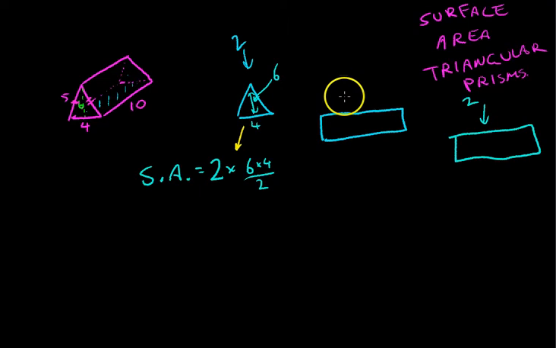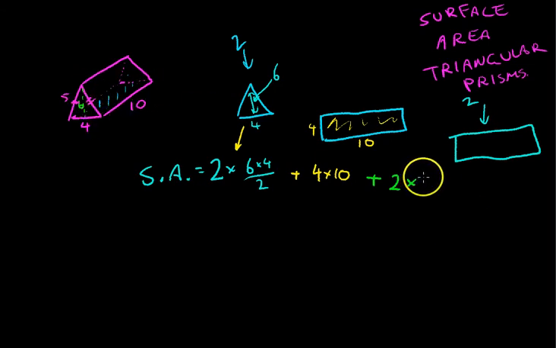Now there's only one of these, so plus whatever the area of this is. Now this is the base one, so we can see that it's got a length of 10 and a width of 4. And then finally add 2 of these, because there's 2 of these sloping ones. So 2 times, that's 2 of them, 10 times 5. They're 10 long and they're 5 wide.